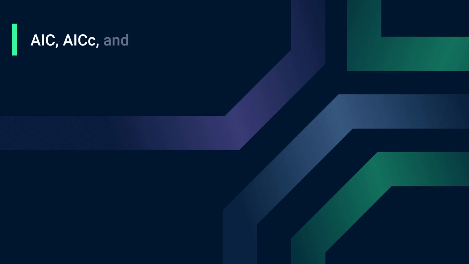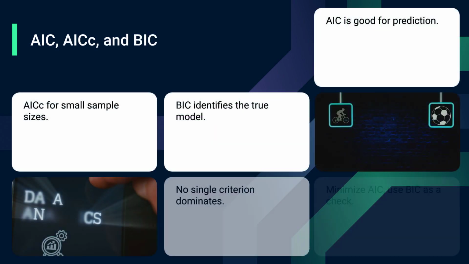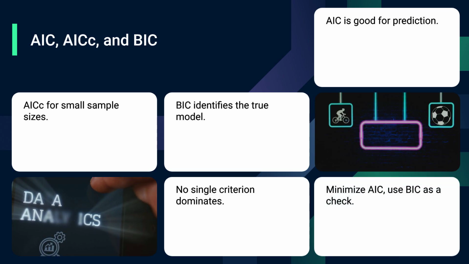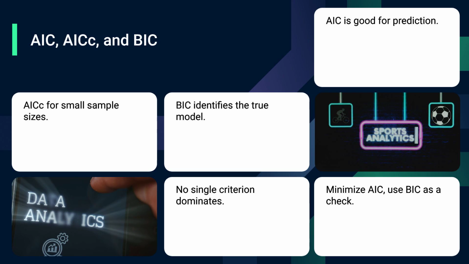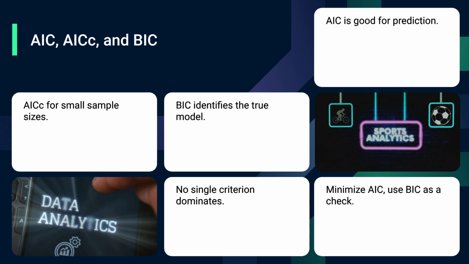Taking all of the above into consideration, the choice between AIC, AICc, and BIC depends on the specific situation. AICc is often recommended when the sample size is small relative to the number of parameters.